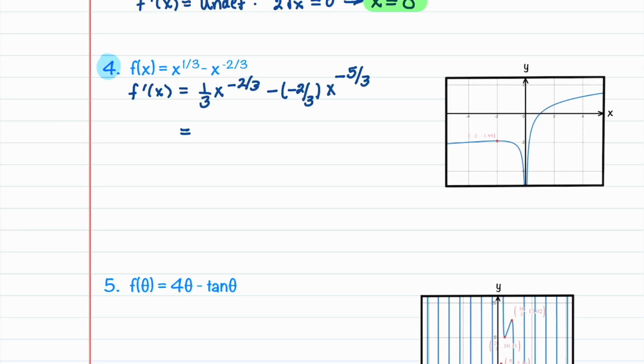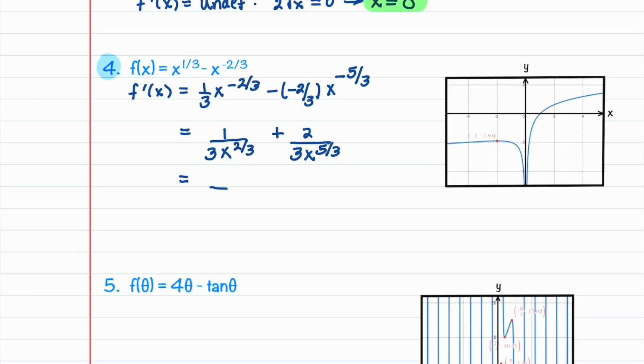Now let's go ahead and simplify this. I'm going to write our negative exponents in the denominator. So our first function is 1 over 3x to the 2/3. And then we have a plus 2 all divided by 3x to the 5/3. That just helps us to get a common denominator without having to deal with negative fractions.